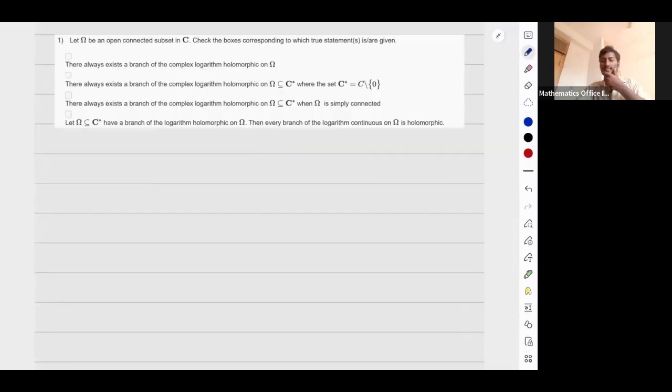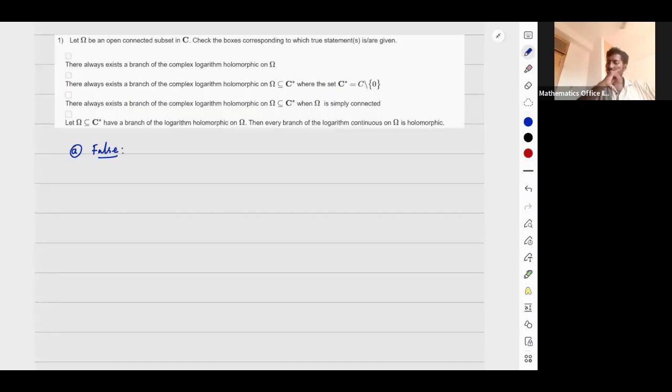Let's see the first problem. Omega is an open connected subset of C. There always exists a branch of the complex logarithm holomorphic on omega. We have seen this, so option A is incorrect. It is false.